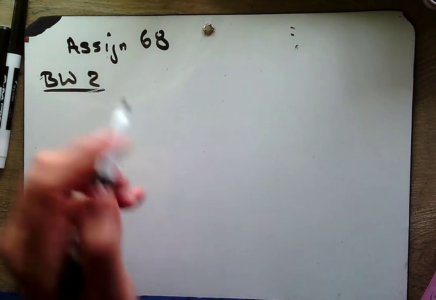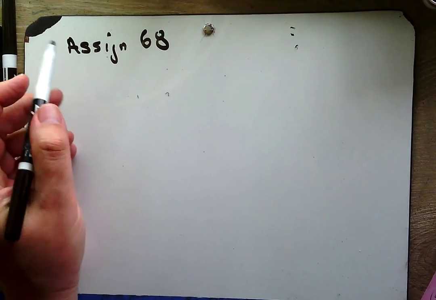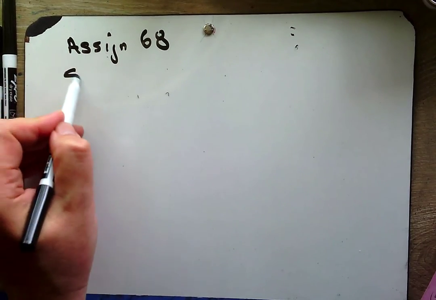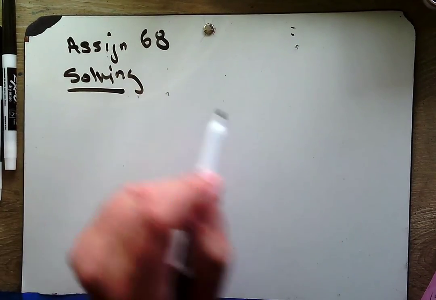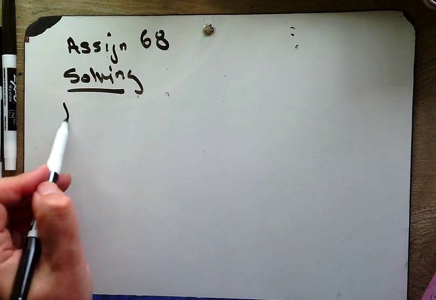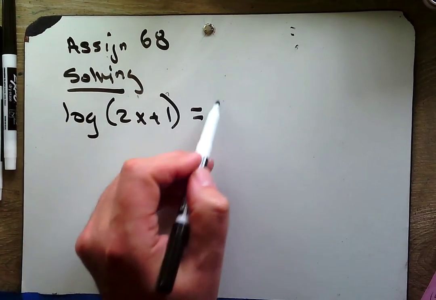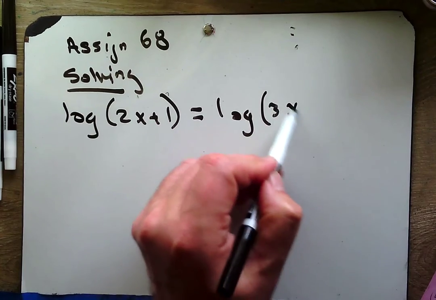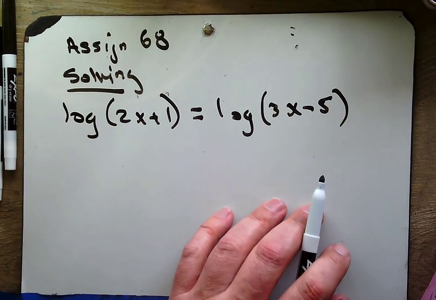Okay? All right, so now let's take a look at a little extension on solving. We're talking about solving log equations. And so, if I have something like log of 2x plus 1 equals log of 3x minus 5, the book would like you to use something called the one-to-one property.